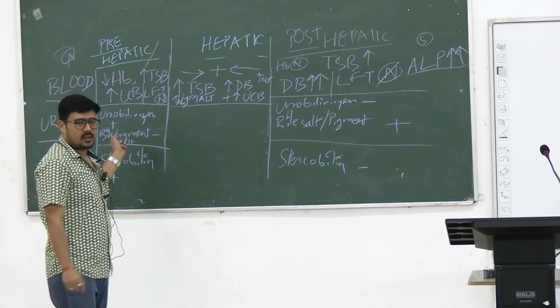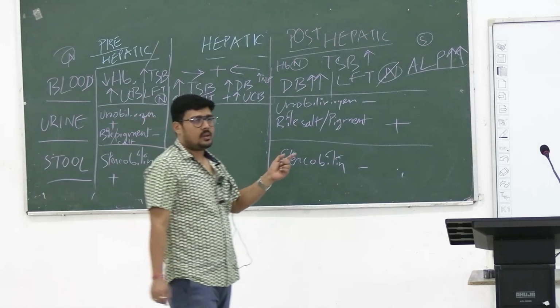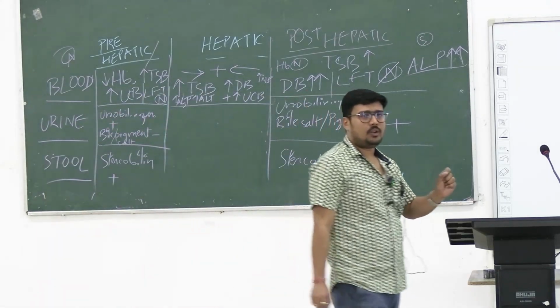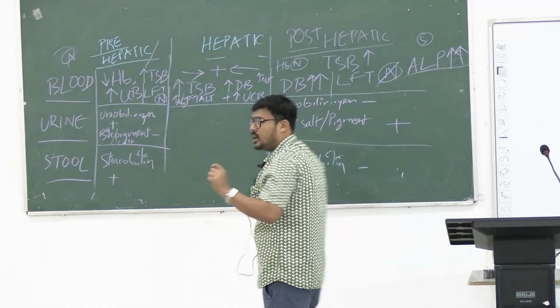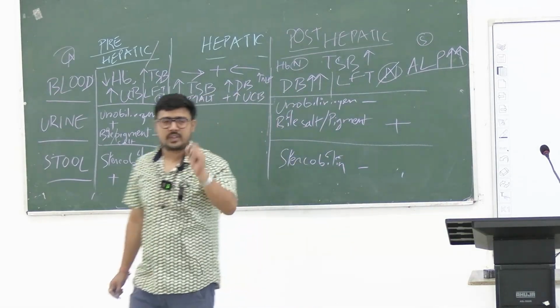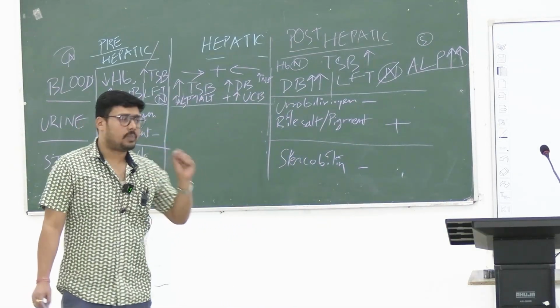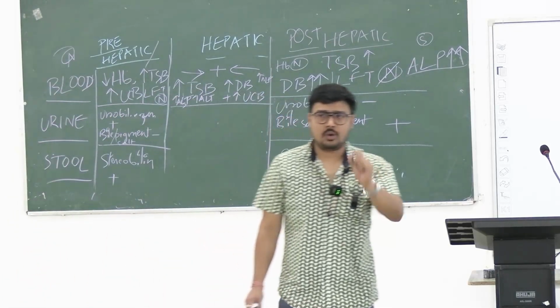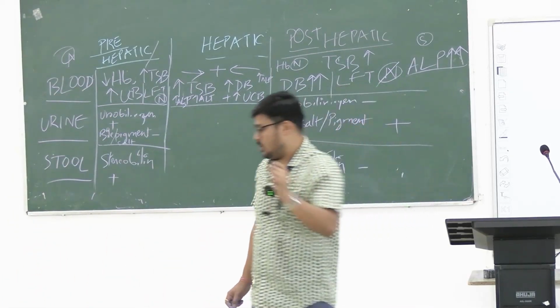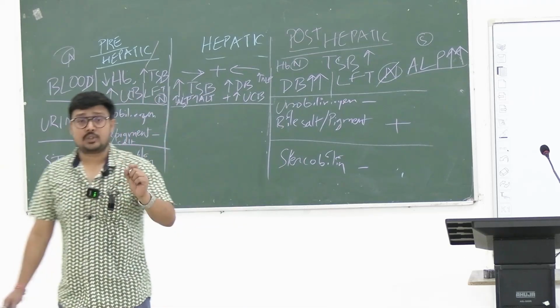Urine may be yellow color to normal color. Stool is yellowish color because presence of stercobilin and presence of urobilinogen both are evident in hepatic jaundice patients.